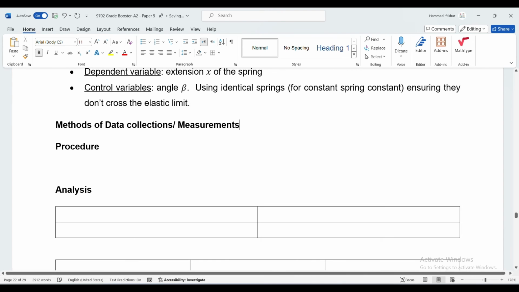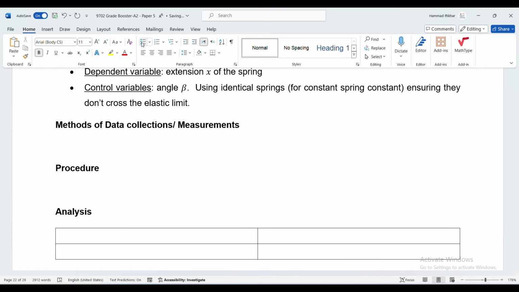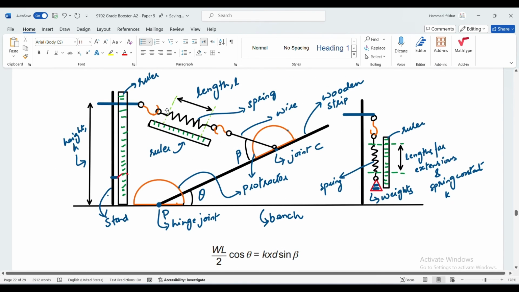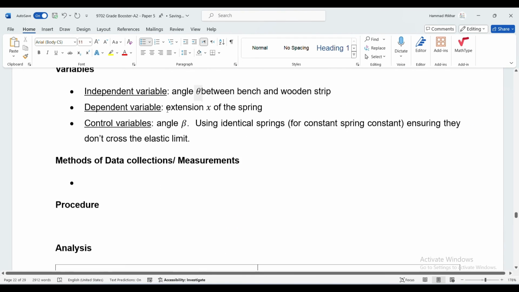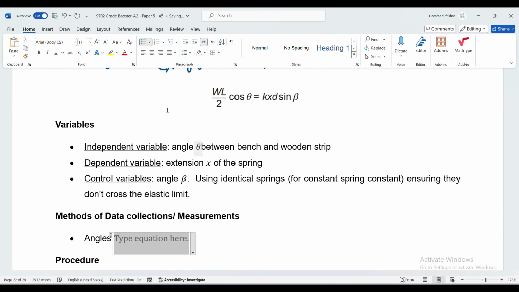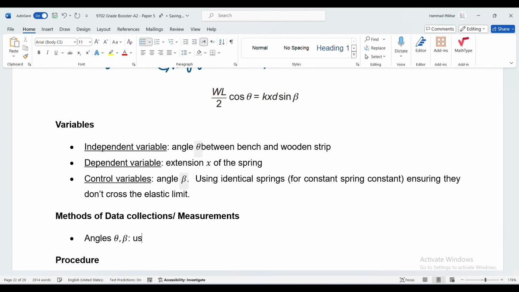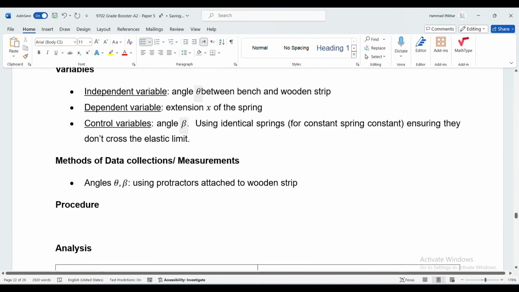Now the method of data collection. We have angle theta and angle beta. Angles theta and beta are measured using protractors attached to the wooden strip and bench.